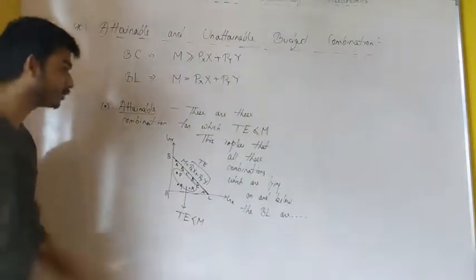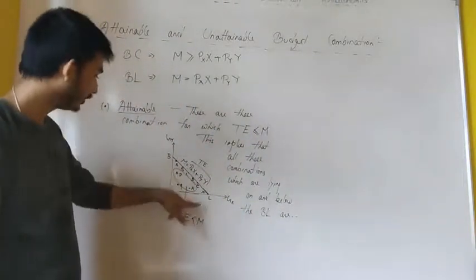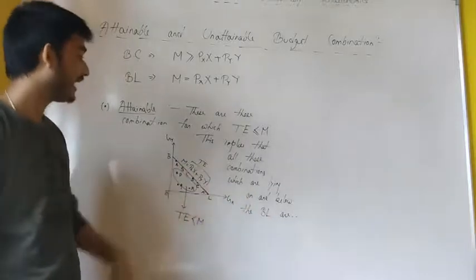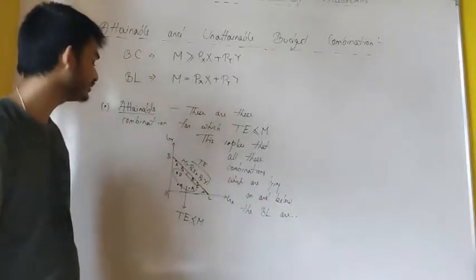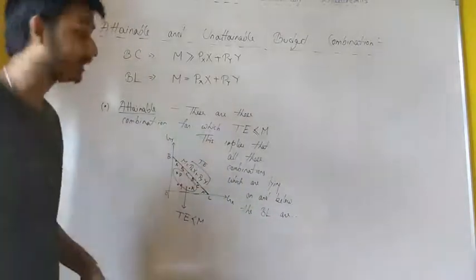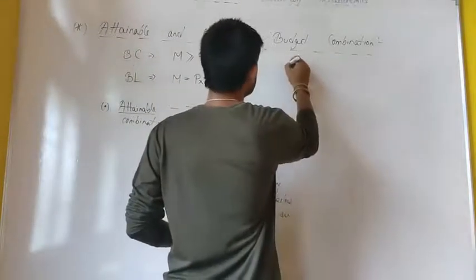So the combinations lying on and below the budget line are my attainable combinations. Now moving towards the unattainable combinations.